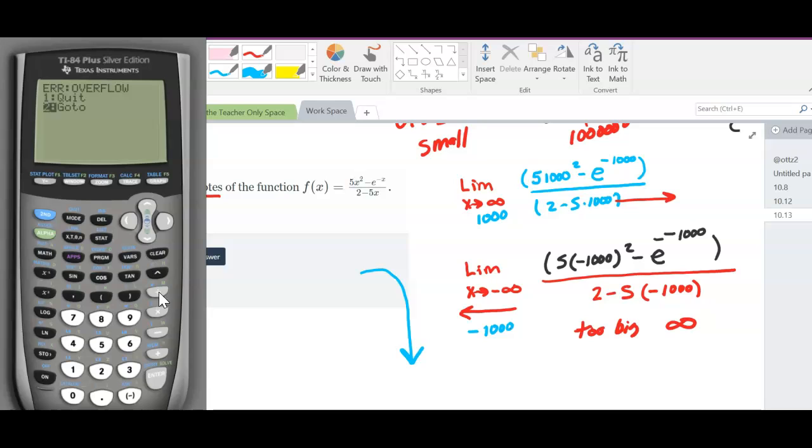We're going to do a goto. Instead of putting in 1,000, it was just too big a number. I'm going to plug in 100 instead. So that's 100. That's now 100. And this will now be 100, minus 5.